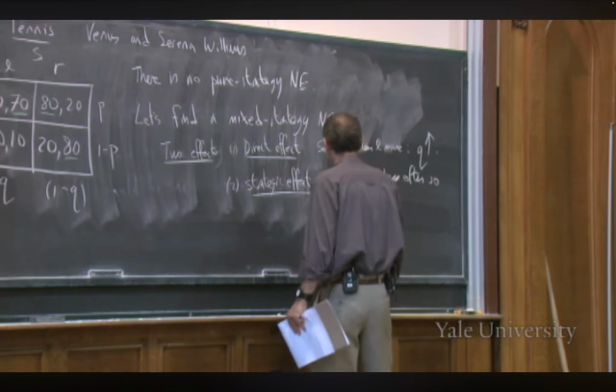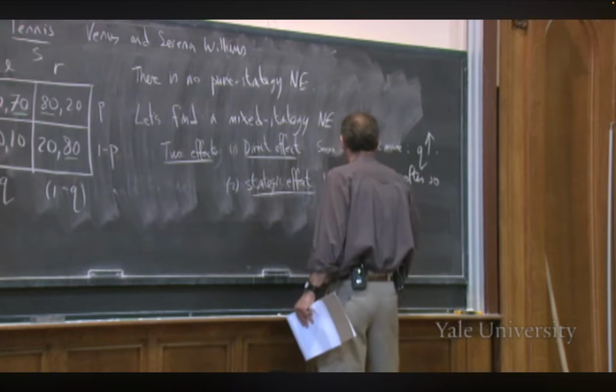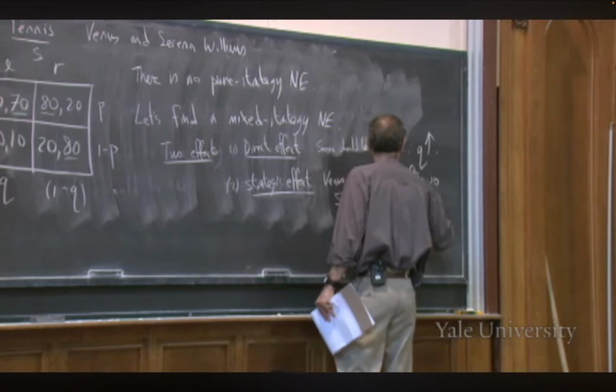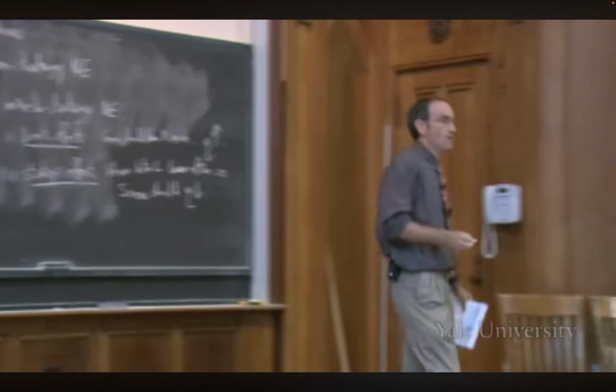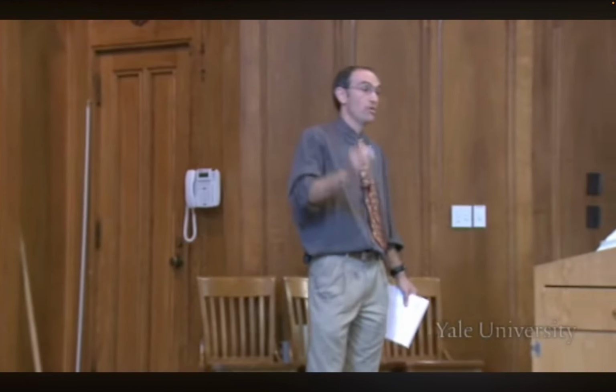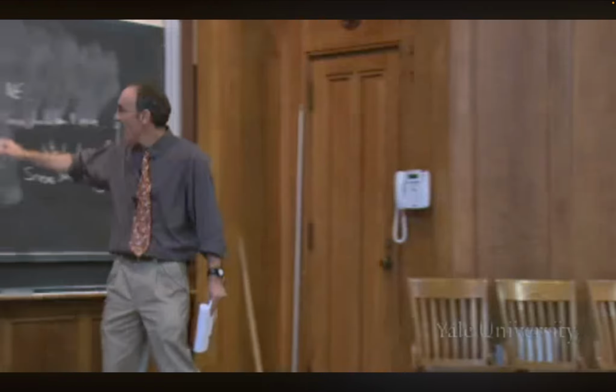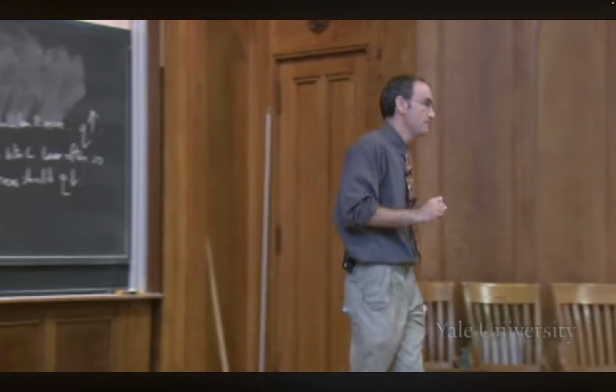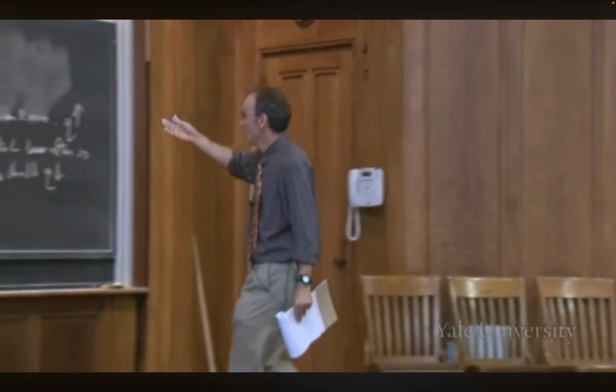so Serena should reduce the number of times that she leans to the left, because the ball's coming that way fewer times. Now notice that these two effects go in opposite directions. Is that right? Right? One of them tends to argue that Q would go up.